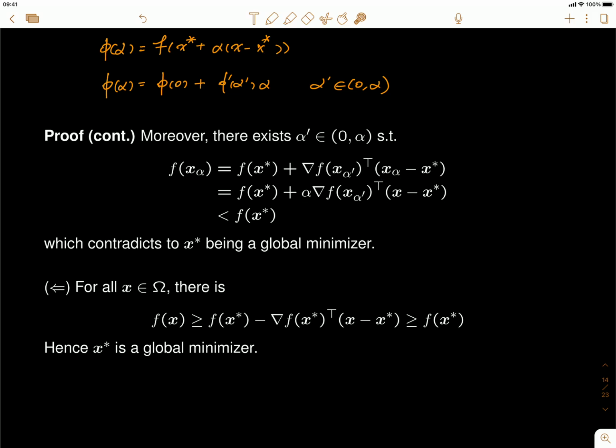Now because alpha prime was so close to 0, x alpha prime will be so close to x star that this is also negative, and alpha is a positive number, so the second term is totally negative. That's why f of x alpha will be even smaller than f of x star.